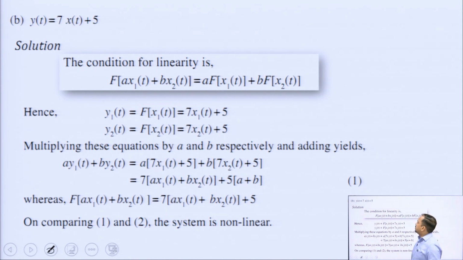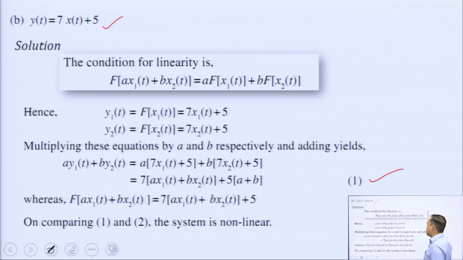We have some further examples. This type of signals we have already seen in the discrete time cases. So we are aware that we have two equations. In the first equation we are getting 7 times a1 x(t) plus 5 plus 7 times a2 x(t) plus 5, and we are getting the addition of those.